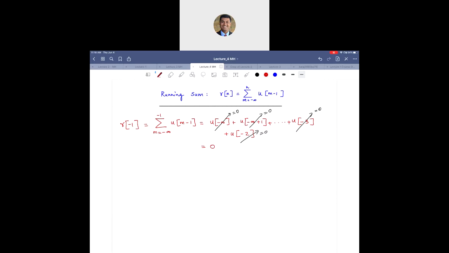And let's do a next one, r of 0. You have summation m equals -infinity to 0 of u of m minus 1. In this case, the highest value of m is going to be 0, which means the highest contribution from the unit step sequence is going to be u of -1, which is still 0. So 0 here. How about r of 1?